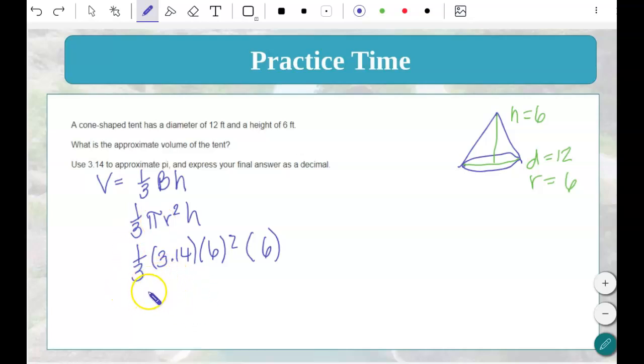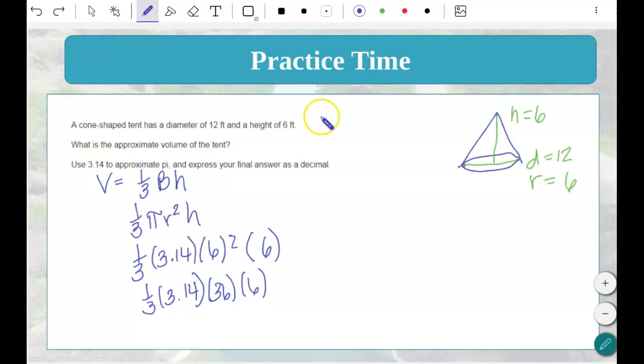We've got 3.14. 6 squared is 36. And we're going to multiply that by 6. Use your calculators, please. Calculator needs to be on, Miss Horton. 36 times 6 is 216.